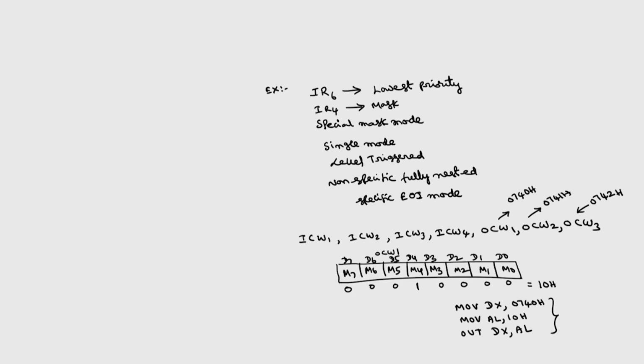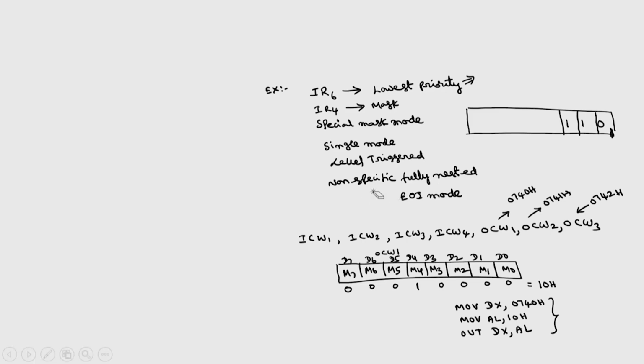So similarly we can form OCW2. If I form OCW2 here, I want to assign lowest priority to IR6. So these L2, L1, L0 bits will be 6, meaning 110. Then the corresponding one is non-specific EOI mode, fully nested.